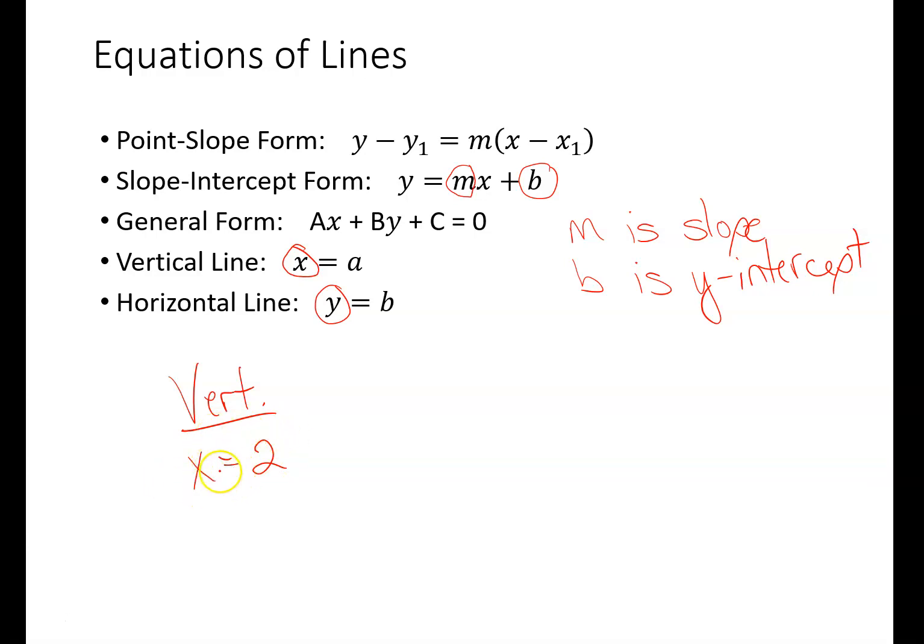Then I know that it has to be a vertical line. And for a horizontal, it would be y equals some number. The equation has a y in it, but no x at all. That indicates that it is a horizontal line. And again, we'll come back and study each of these a little bit more as we go through the lesson.